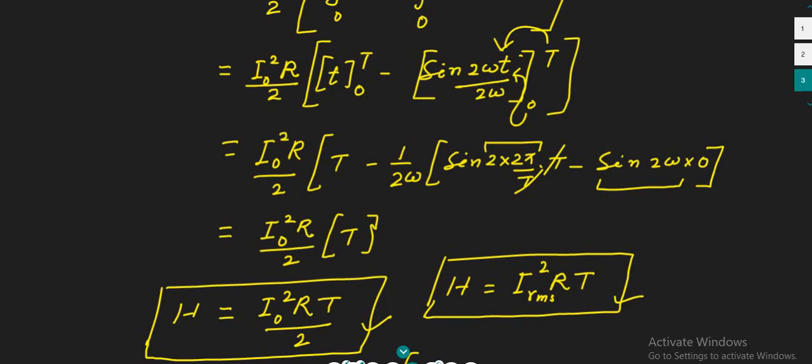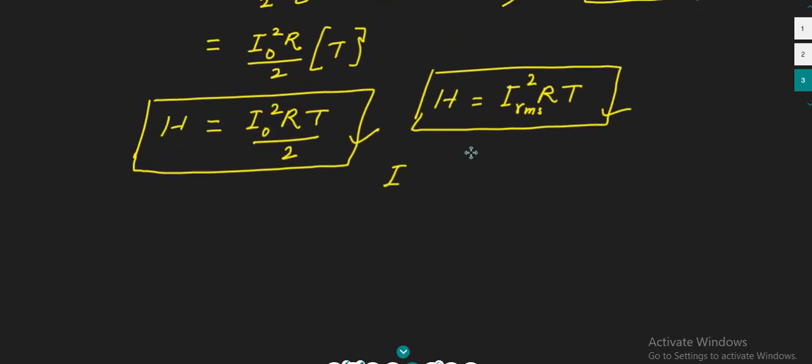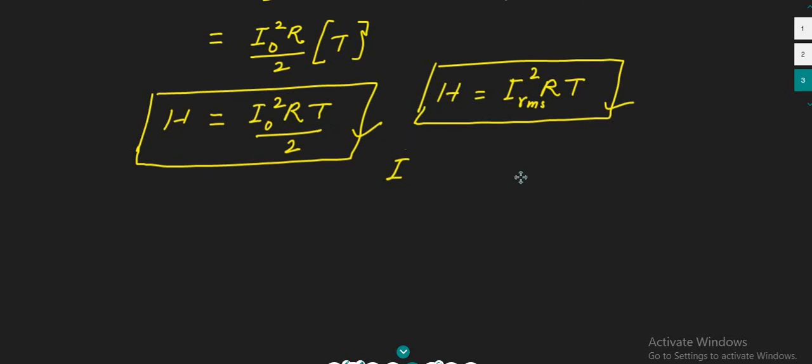There are two equations and you can equate them because in both equations the value of H is the same. So after equating, I RMS square R T equal to I naught square R into T by 2.